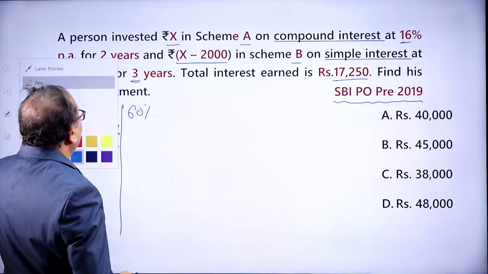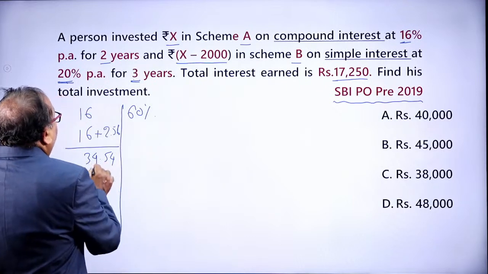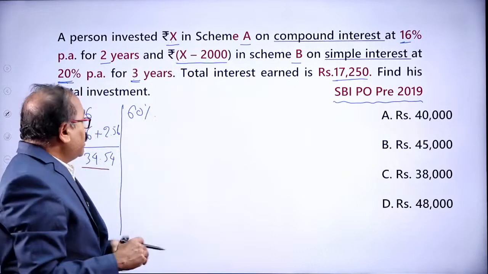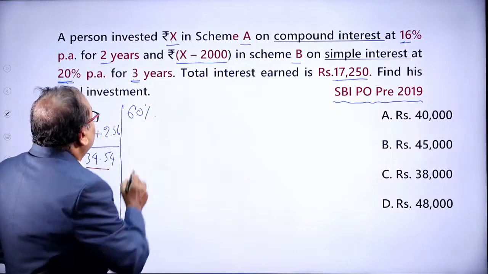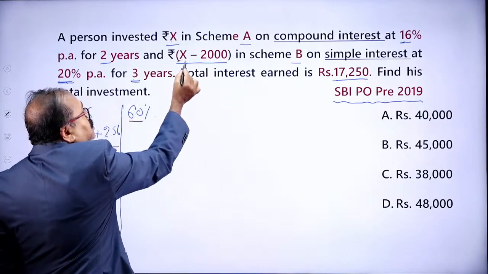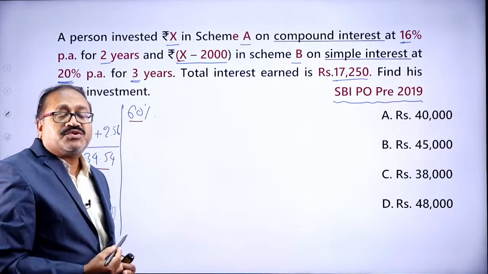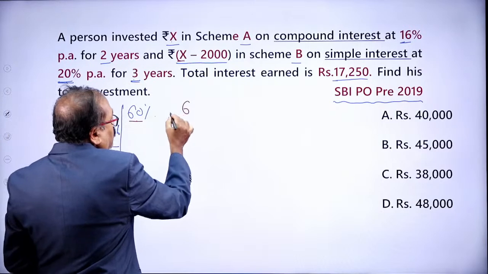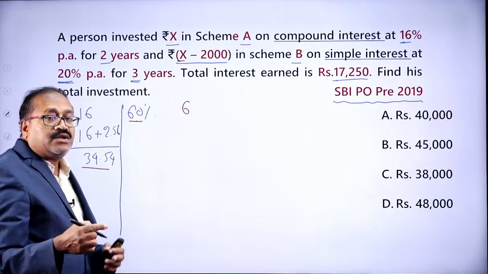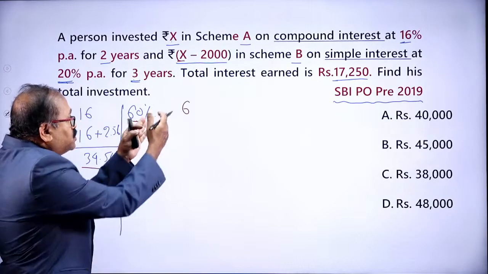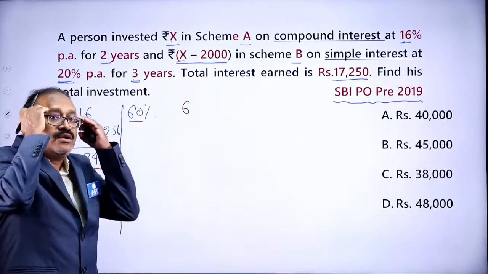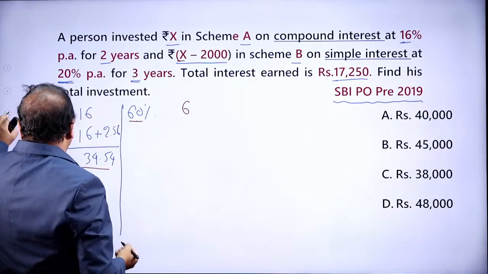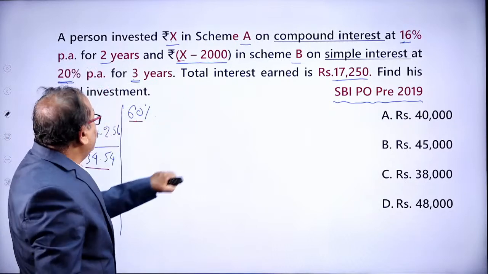Now, what we need to do here. I know that you are paying 34.56% interest on X, and I also know that you are getting 60% interest on X. So what is the total? My solution starts here, right? When you answer the question in the exam, start from here. These all are the background information. So that is 60 plus 34.56.